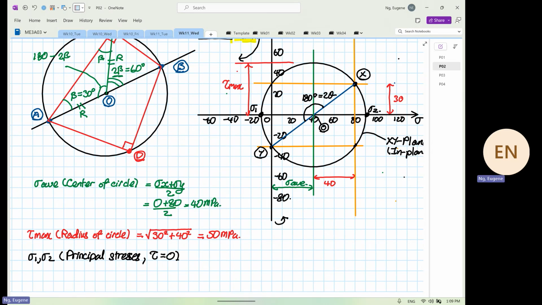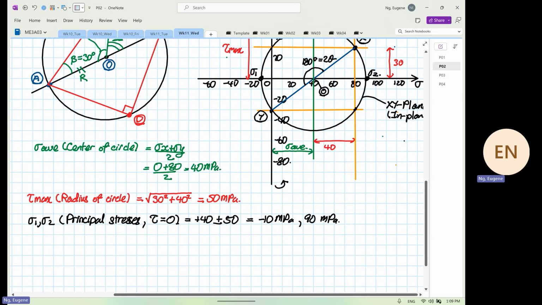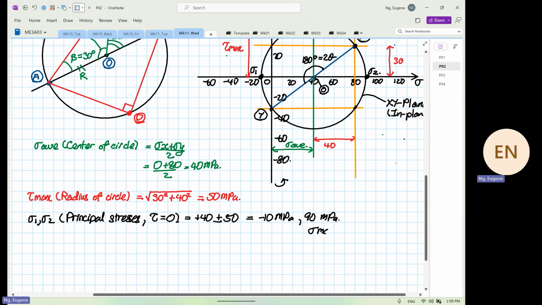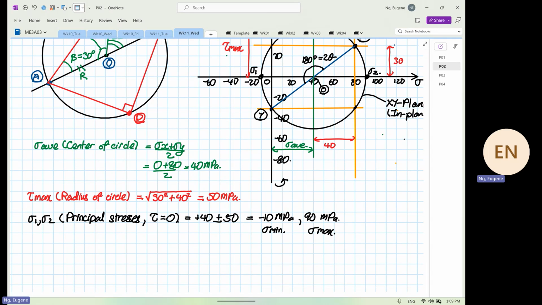To calculate the principal stresses is so straightforward. It's plus 40 plus or minus 50. So this will be equal to minus 10 megapascal, and over here you can have 90 megapascal. This is known as your stress max, and this will be known as your stress min.